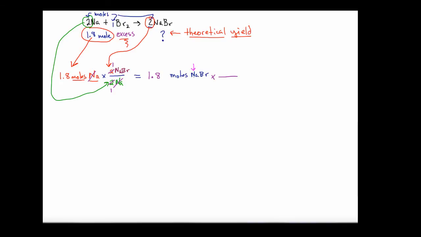Now, when you look up on the periodic table, you'll see that the sodium is 22.99 grams per mole. The Br is 79.9 grams per mole. All right, when I sum these two values together, I get a value that is 102.89 grams per mole. All right, hopefully this agrees with what you got when you sat down and did this for yourself.